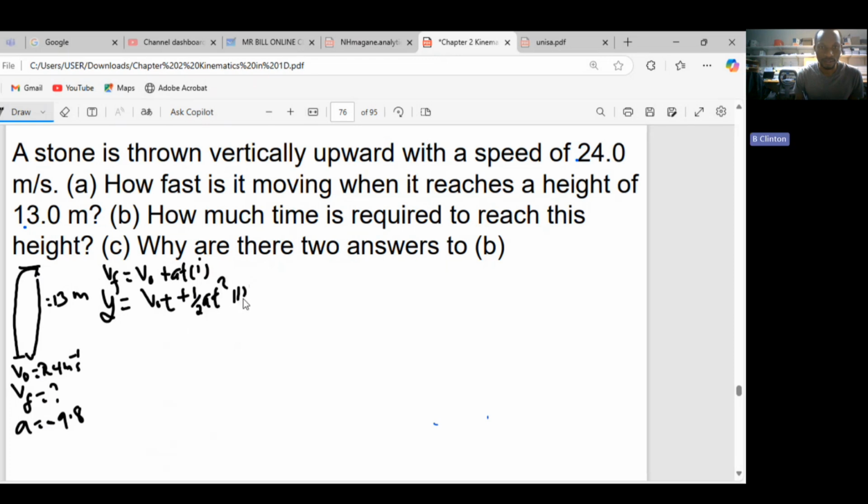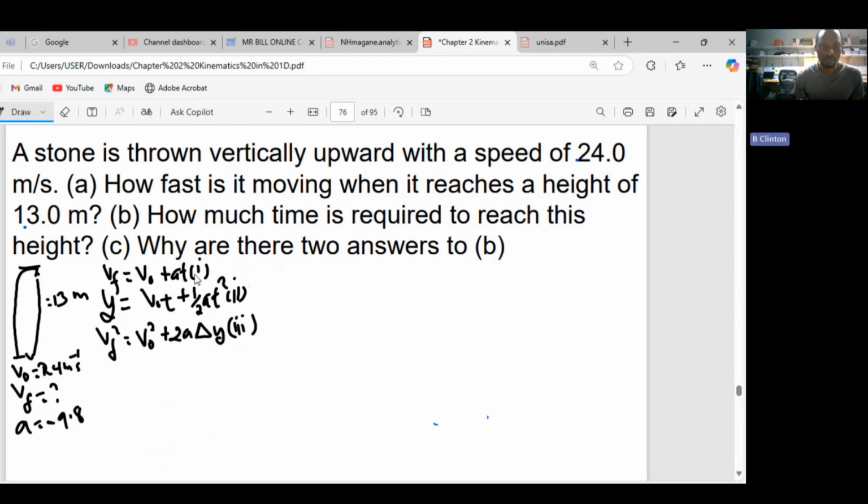Let's call this equation 2. And equation 3: final velocity squared is equal to initial velocity squared plus 2 times acceleration times change in displacement. Let's call this equation 3.